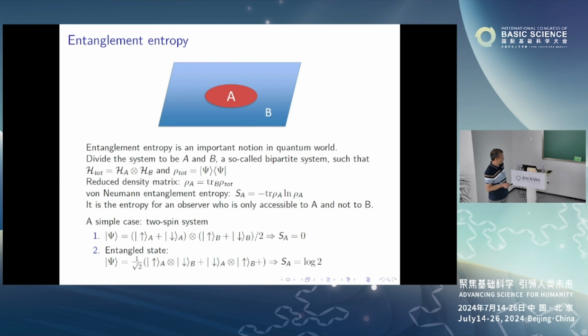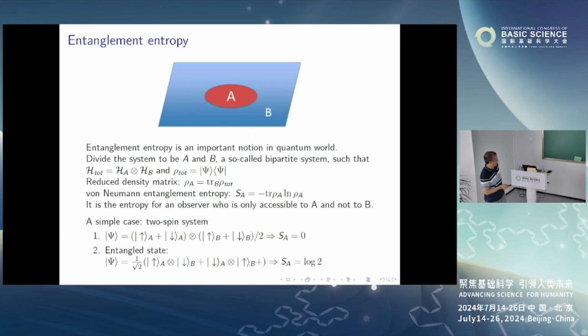If the wave function of the system is just a product state, then there is no entanglement between A and B. But if the state is an entangled state, the EPR state, which takes this kind of form, then the entanglement entropy takes the maximum value, log 2.